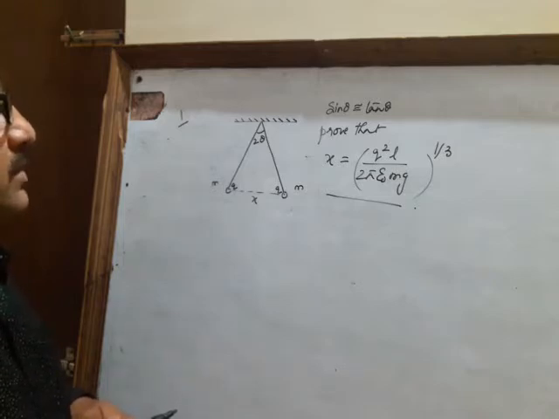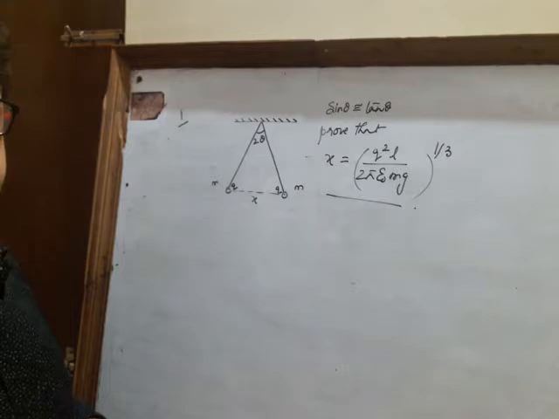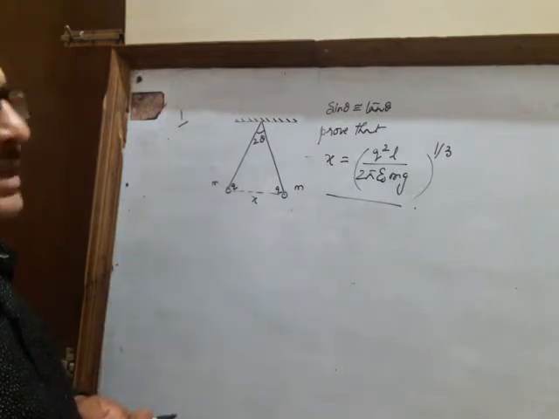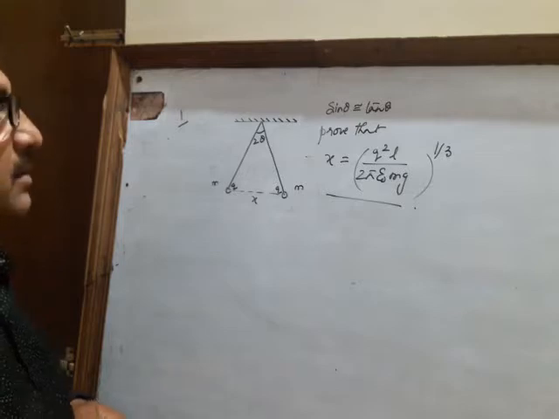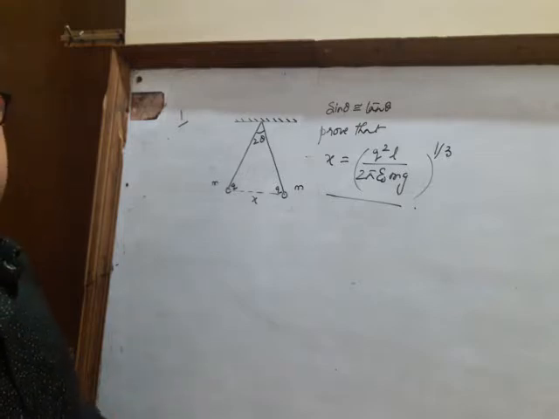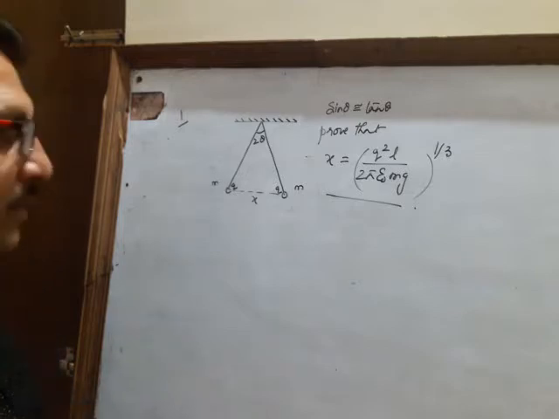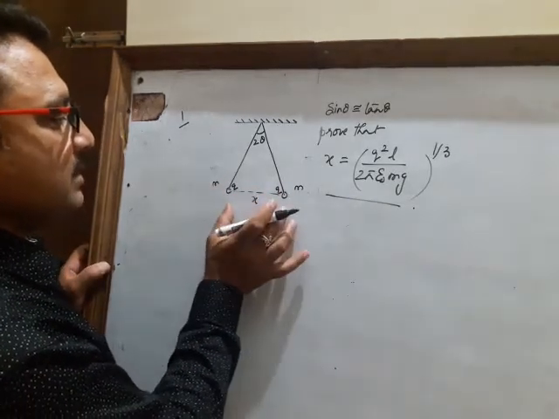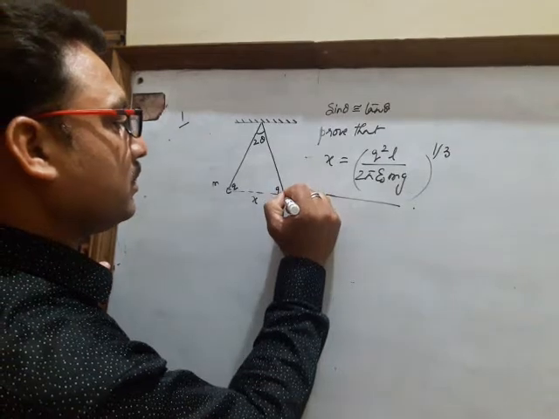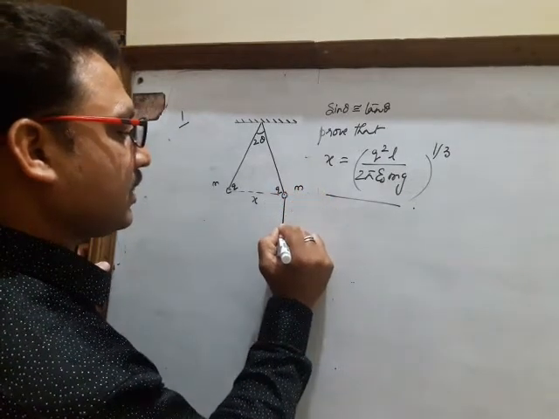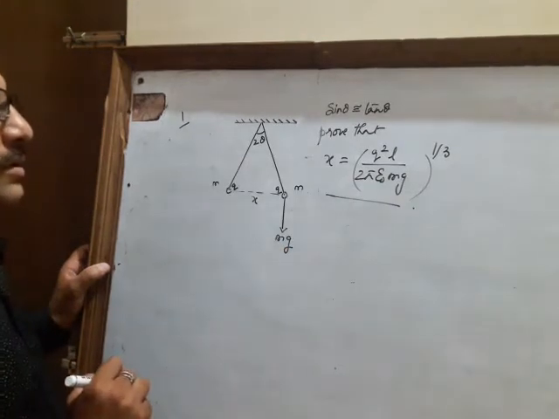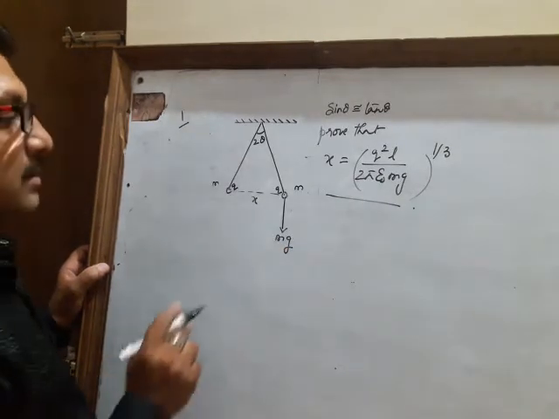So students, first of all, let us see these two charges. We can take any one of the charges and see the forces acting in the system. If I take this charge q, then you can see first of all the weight of this charge, mg, is acting vertically downwards.